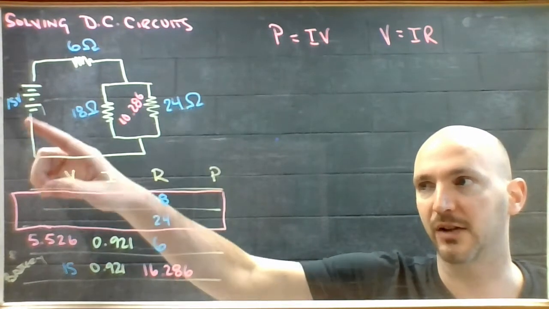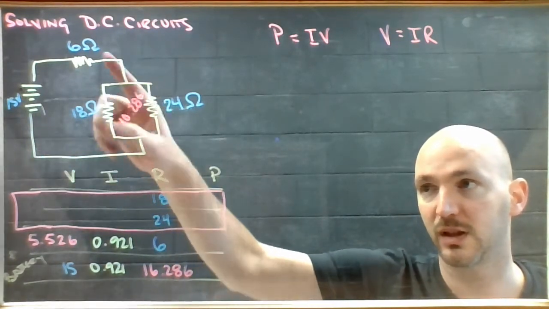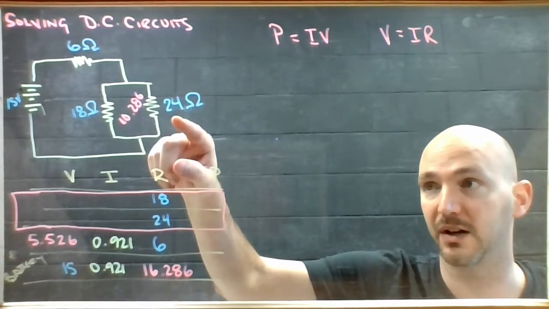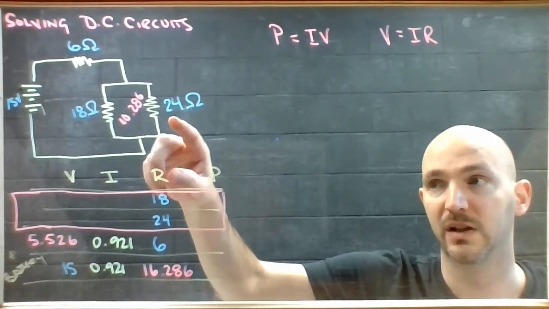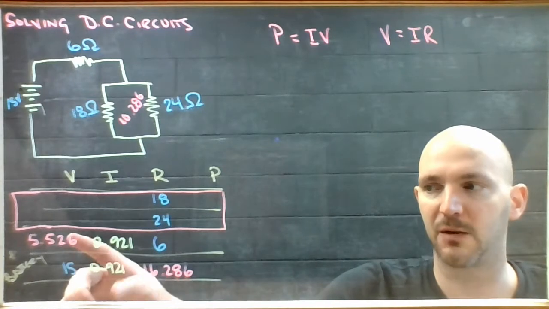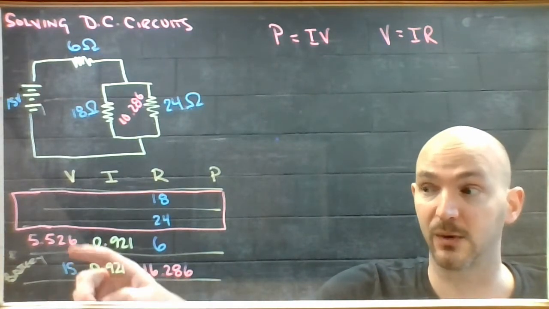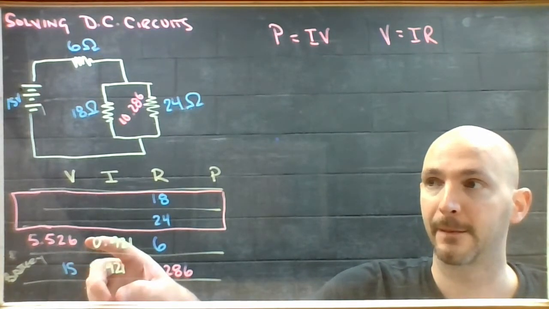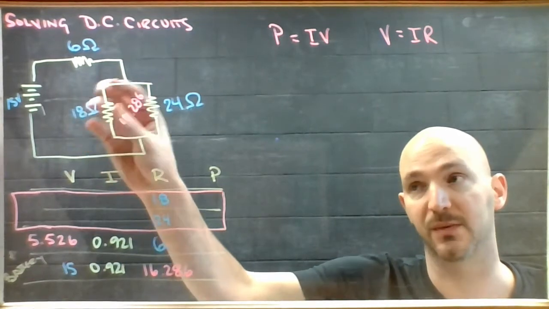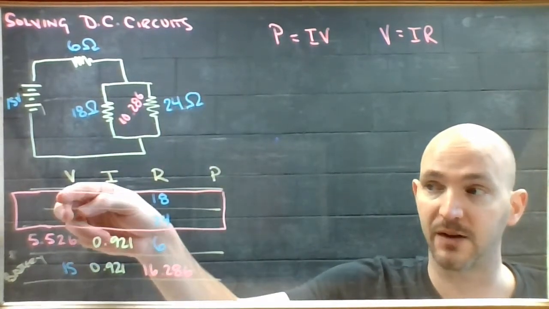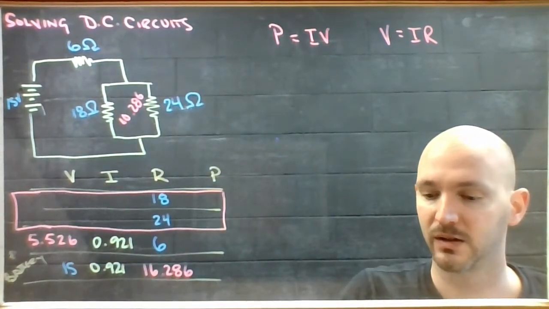On this branch, this one also has to bear whatever's left over. So if I could figure out how much voltage hasn't been accounted for yet and assign it to either this resistor or this resistor, I'm going to have two more numbers in my chart.